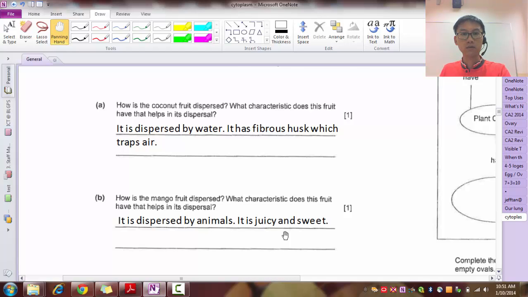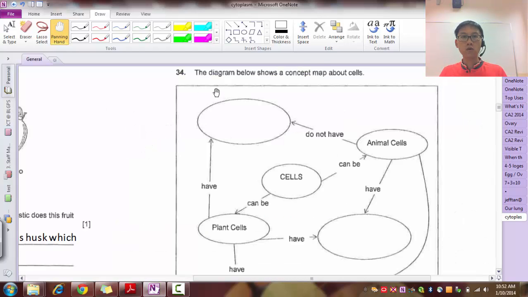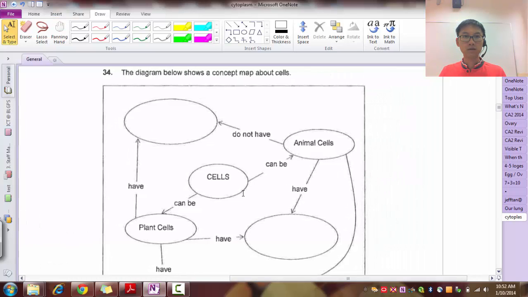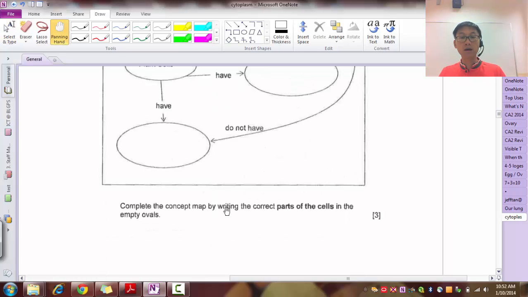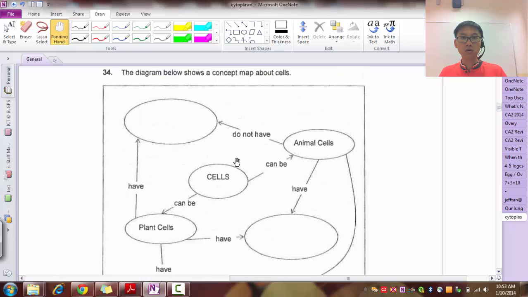Alright, let's move on. Question 34. The diagram below shows a concept map about cells. You are supposed to complete the concept map by writing the correct parts of the cell in the empty ovals. Plant cells have what? Animal cells do not have what?